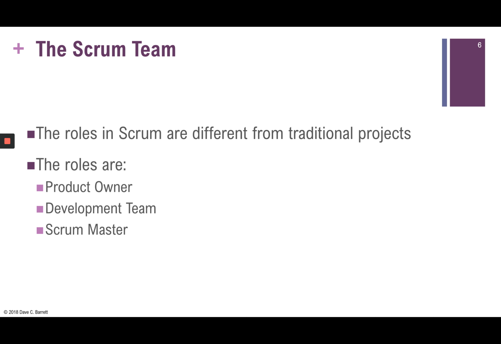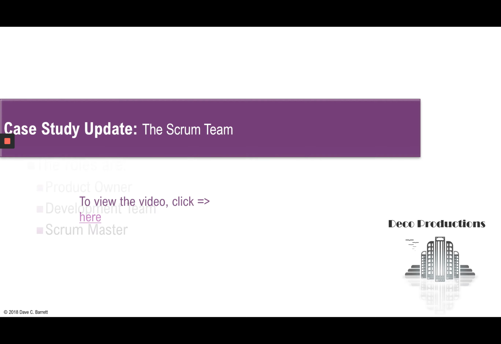This would be most closely associated with a project manager in traditional project management, but it's clearly a different role. The Scrum Master does not direct the work of the development team like they would on traditional projects. Instead, they are there to guide in terms of process, as well as clear any obstacles that the development team may be experiencing. So those roles are very different.